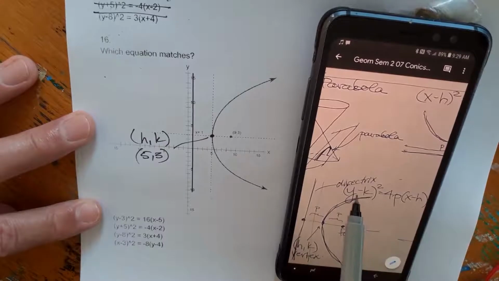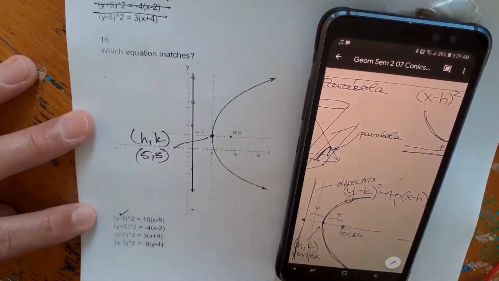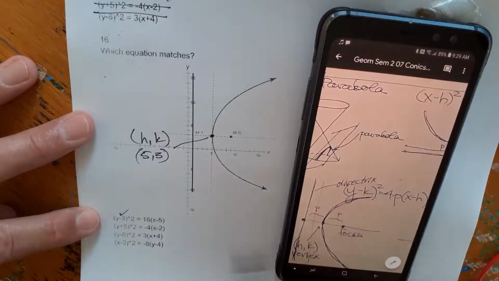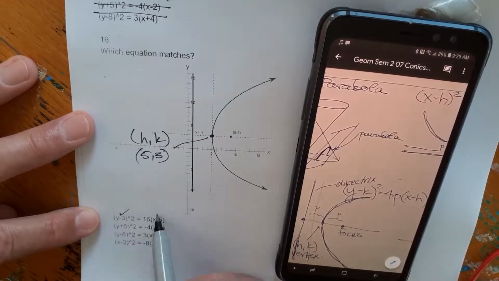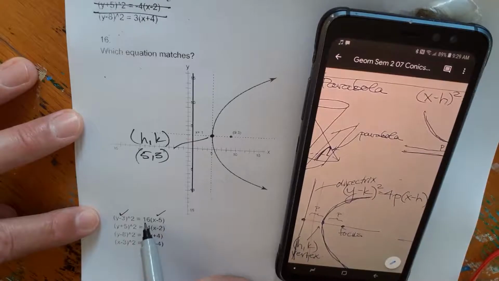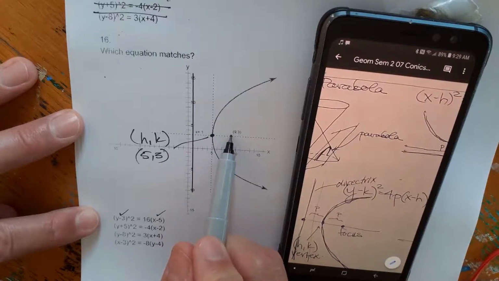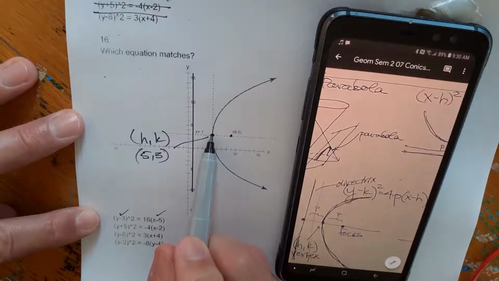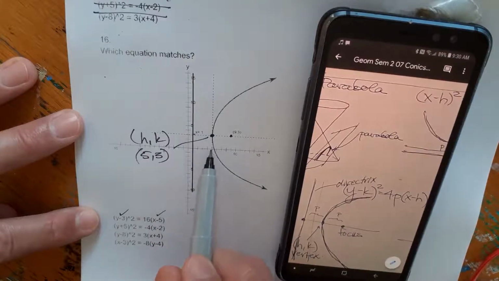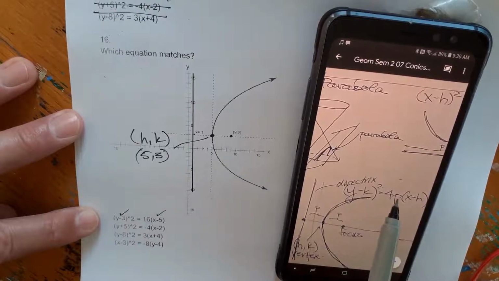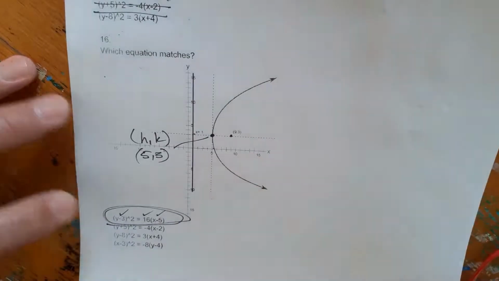So we're going to have y minus 3, check. It's squared in the formula, check, equals x minus h, which is 5, so x minus 5, check. And 4p. P is the distance between the focus and the vertex, and the vertex and the directrix. It's the same. So let's count either one. 1, 2, 3, 4. So 4 times p. 4 times 4 is 16. Check. The only one they haven't asked us yet is one opening to the left.